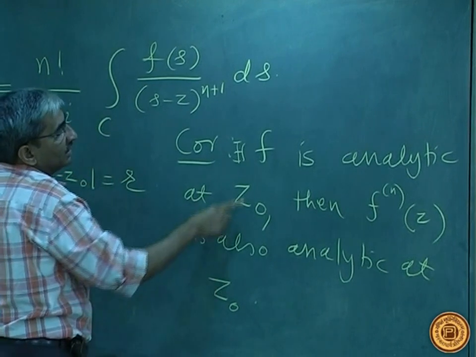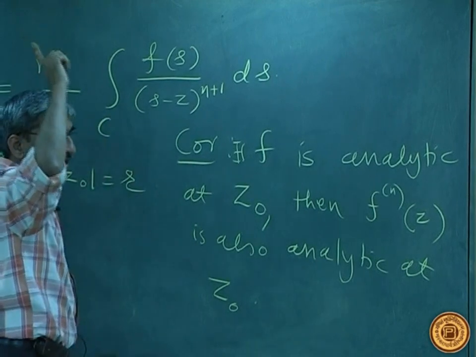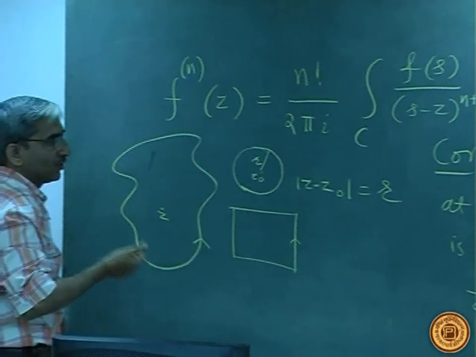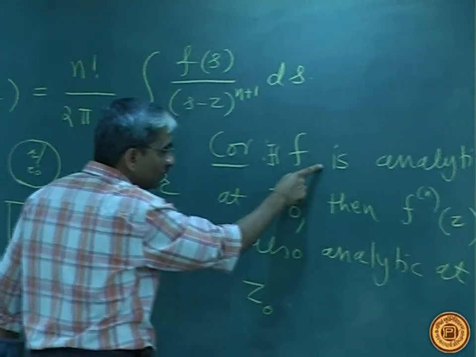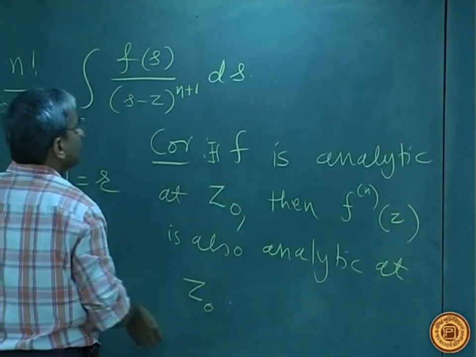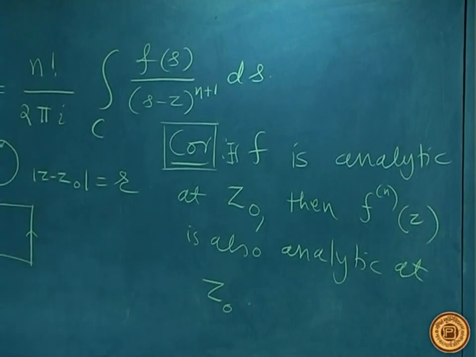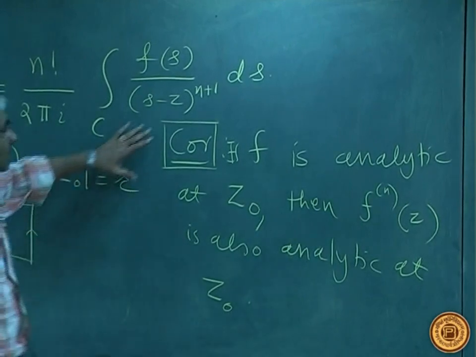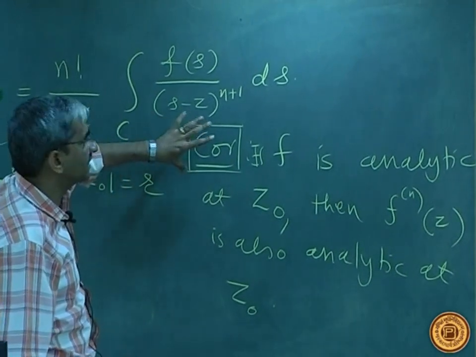So such a function will have a Taylor series expansion, because if you remember from real analysis, we need all order derivatives for Taylor series expansion, which here you get by assuming only analyticity. So this corollary is a very striking distinguishing phenomenon in complex analysis, which has no counterpart in real analysis.